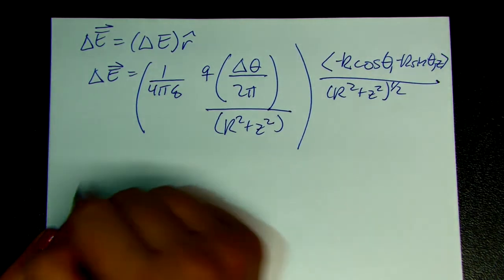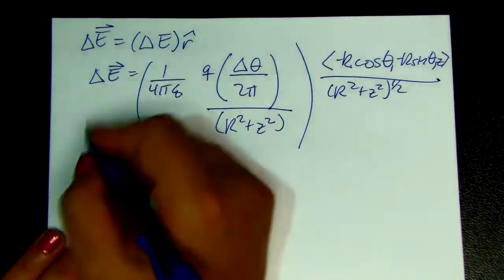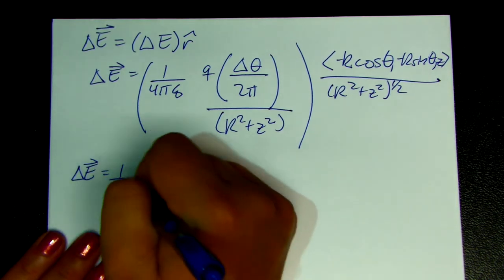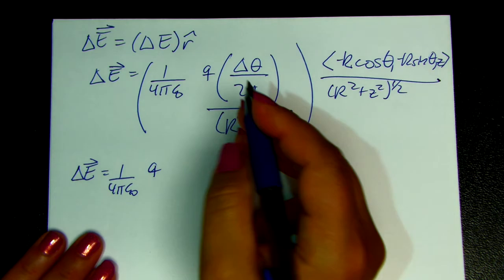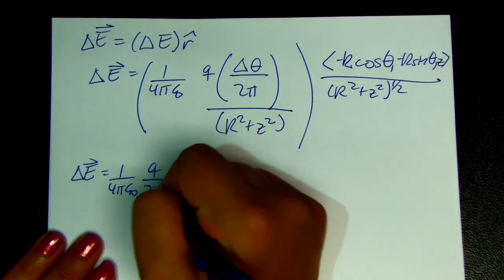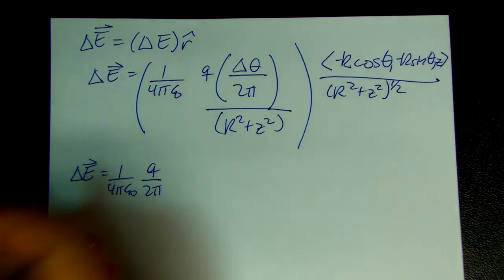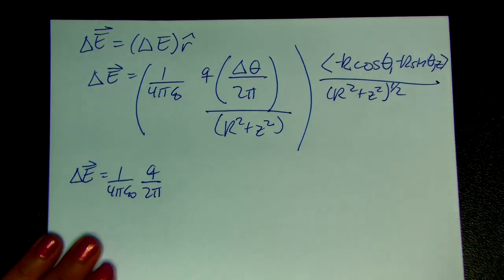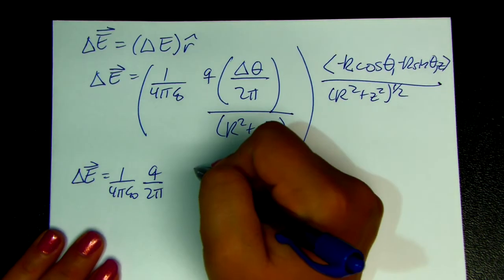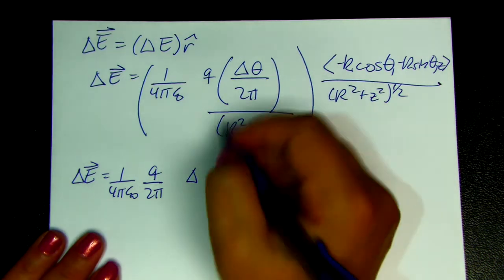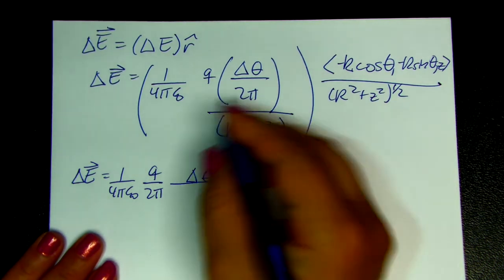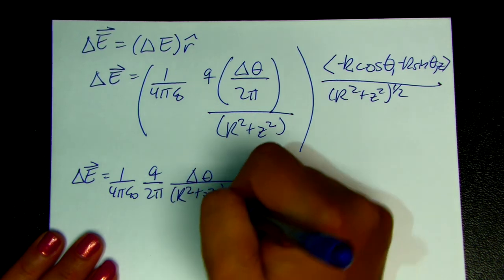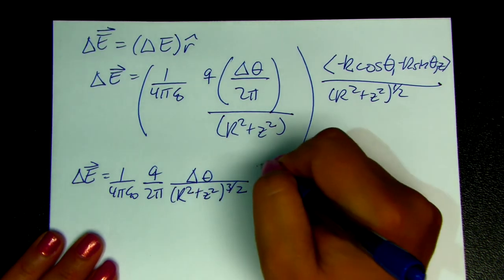Okay, so let's go ahead and simplify this out just a little bit. So delta E is equal to 1 over 4 pi epsilon naught, and do take the time to simplify out these expressions. This is really messy, so it's good to write it out completely once and then simplify. And in terms of my grading, the more steps you give me, if something goes wrong, the easier it is for me to figure out what happened.